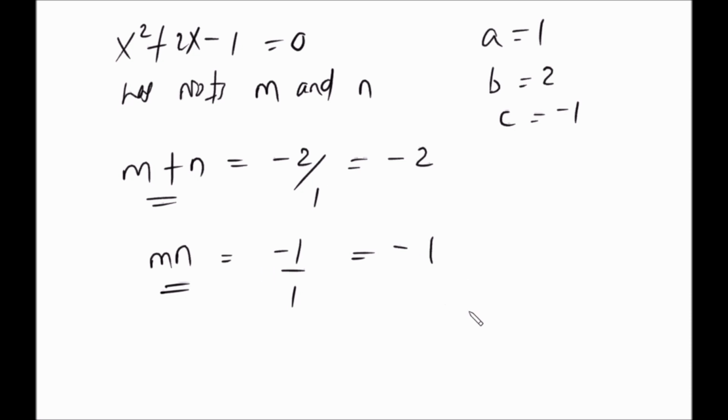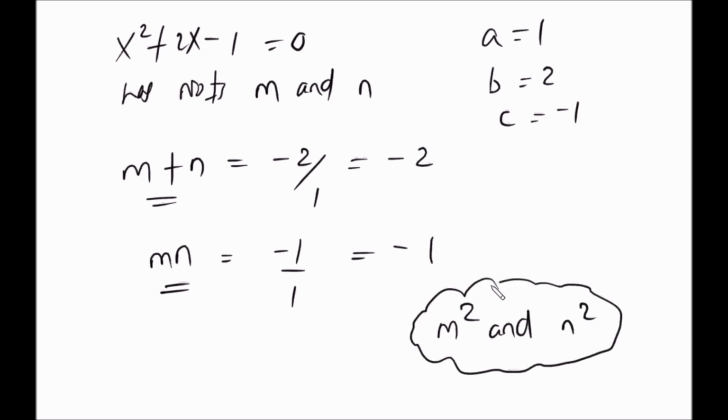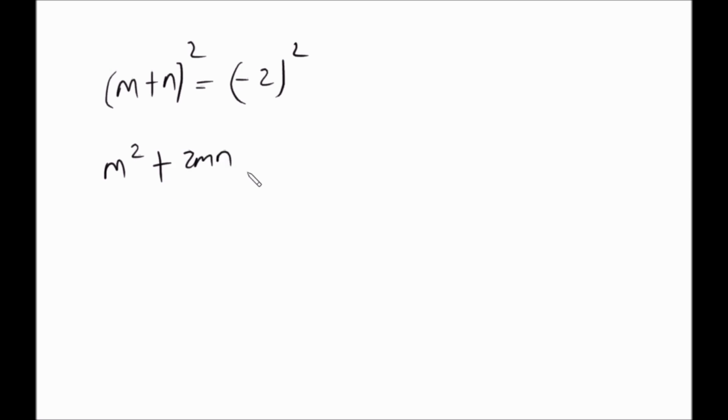So he says find the equation whose roots are m squared and n squared. These are the new roots, find the equation. This equation has roots m and n. From here, m plus n is negative 2. Squaring both sides, I get m squared plus 2mn plus n squared equals 4. But remember, what did we say mn is?